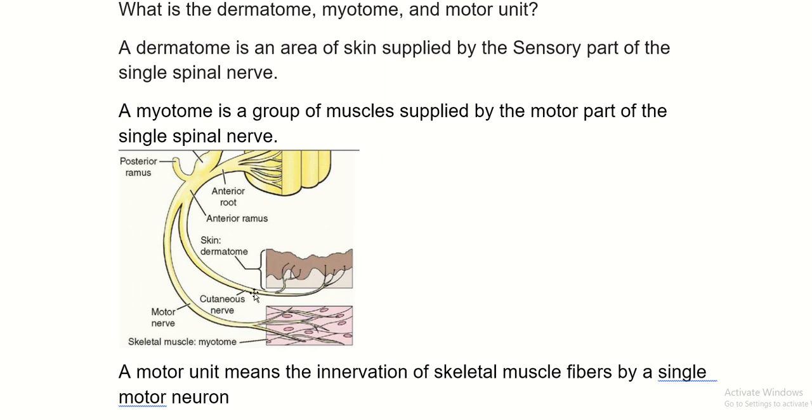The motor part of the single spinal nerve innervates some group of muscle fibers, and this is known as the myotome. Some group of muscles, this is known as the myotome.